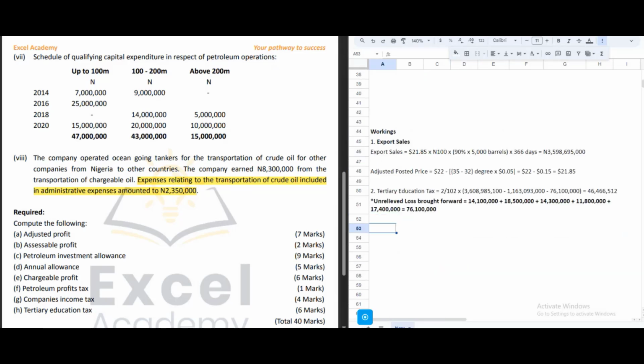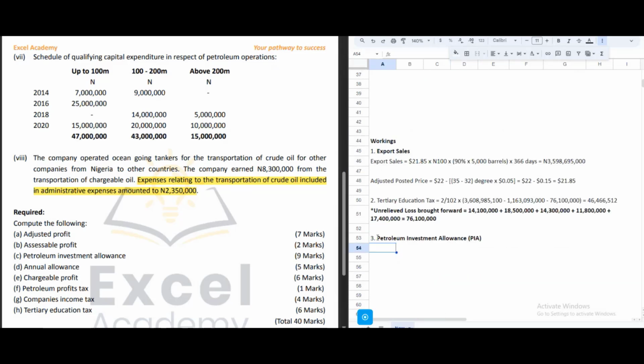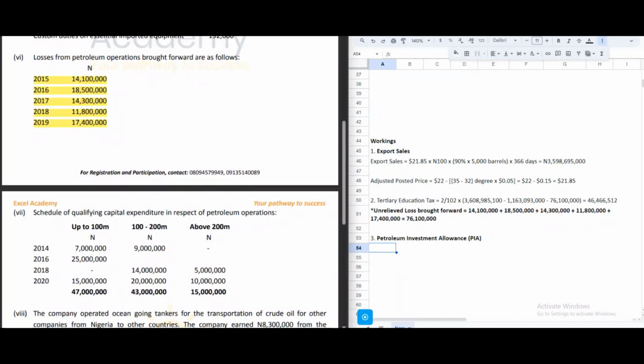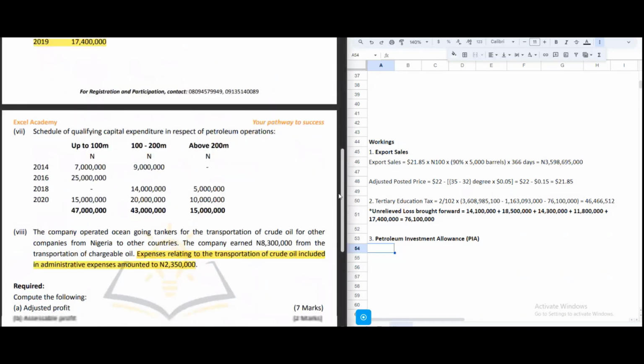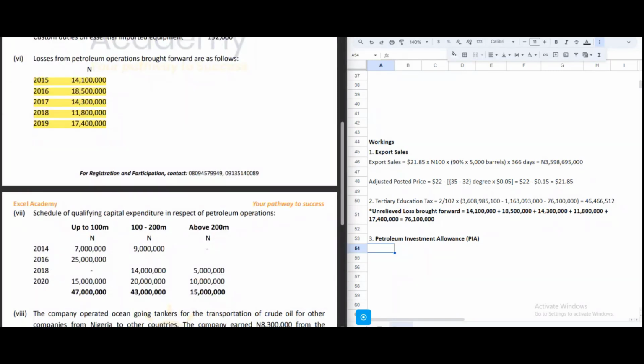Let's calculate the PIA for 3. So we use the information of this qualifying capital expenditure. So the current year is 2020, so we claim PIA on this year we acquired in 2020.